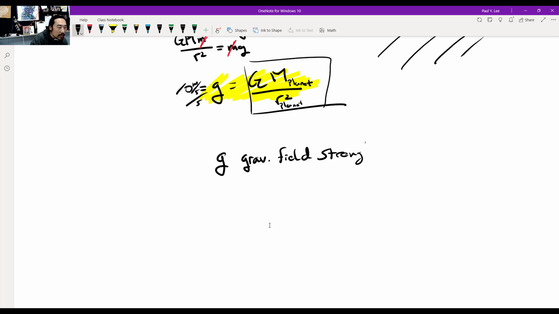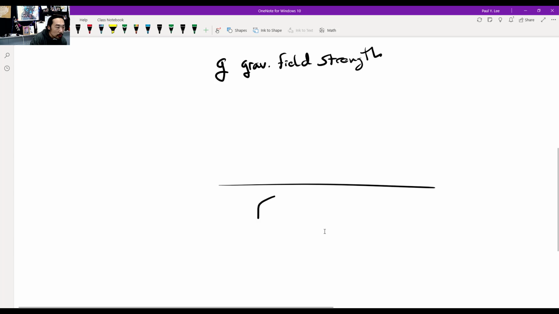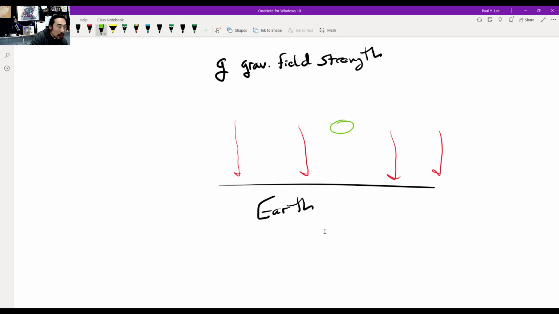So if you have, let's say, the Earth here, we view the gravitational field pointing downwards, meaning that if you were to put an object such as, let's say, a green ball, within this gravitational field g, the gravitational field will make sure that it gets pulled down, and therefore all objects fall towards the center of the Earth.